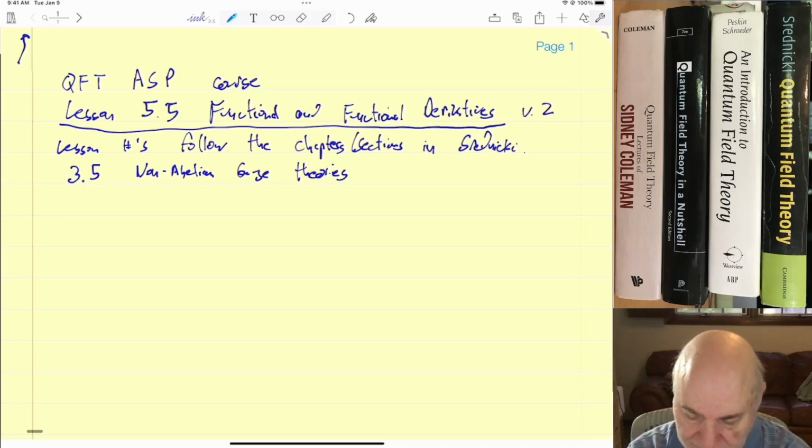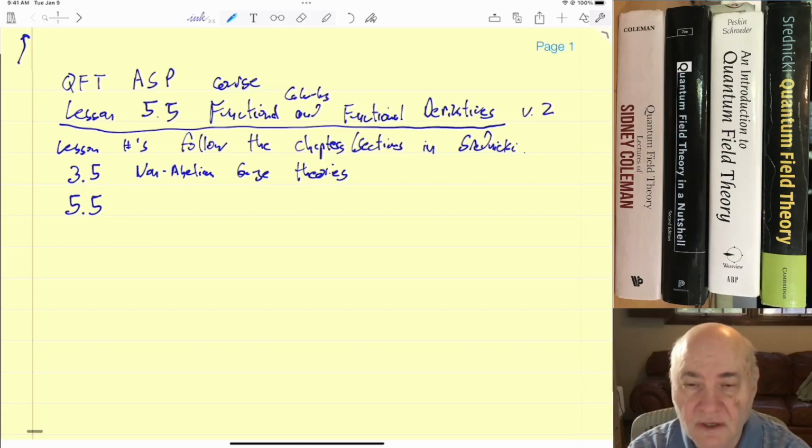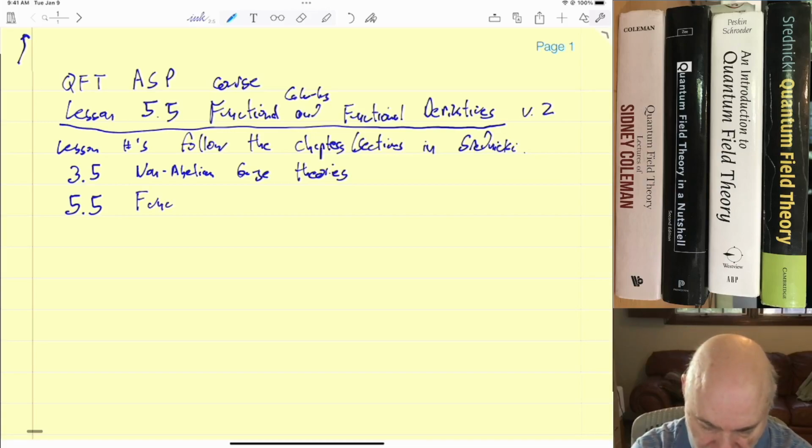And this lesson is going to be numbered 5.5, and it's on functional calculus and functional derivatives. Schwartz covers the path integral approach. As a matter of fact, he emphasizes it.